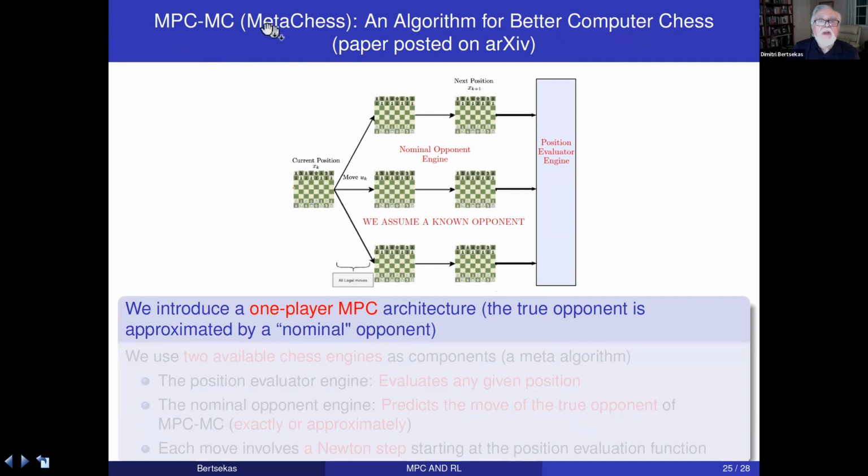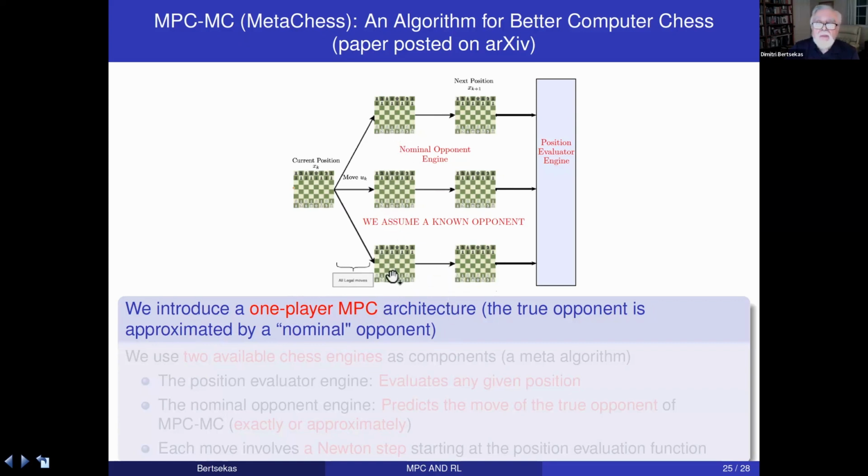This is done with an architecture which we call MPC-MC. MC stands for meta chess. And as I mentioned earlier, chess involves 2 players. However, we introduce a 1-player MPC architecture where the true opponent is approximated by a nominal opponent.